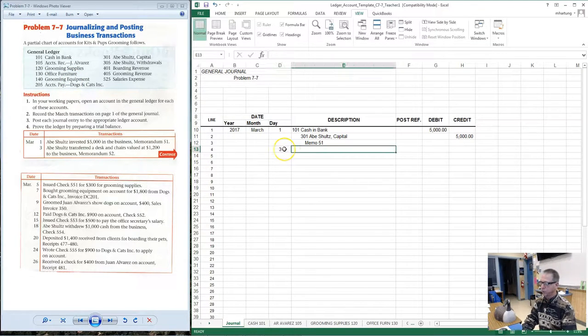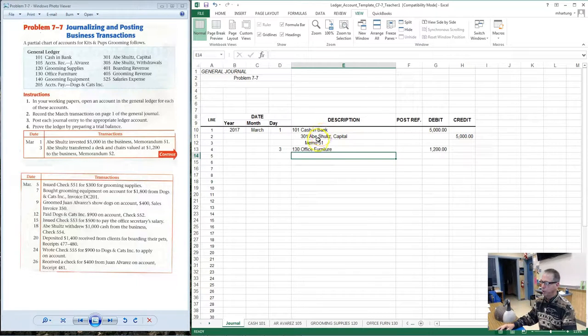So that's on the 3rd. Account number 130. He's estimating that to be worth $1,200. The credit would go again to capital.